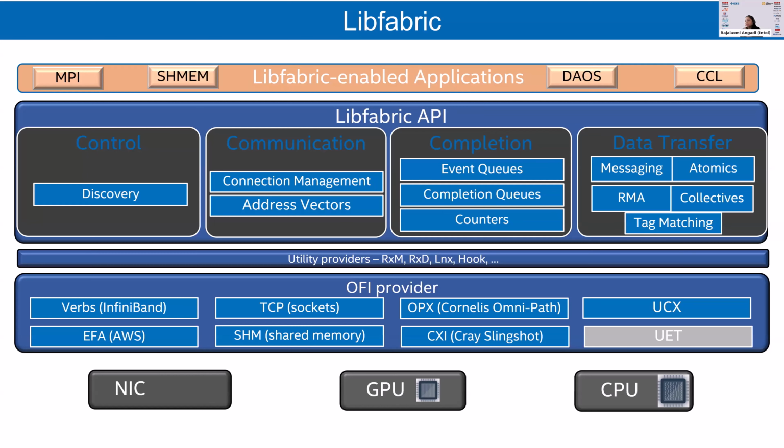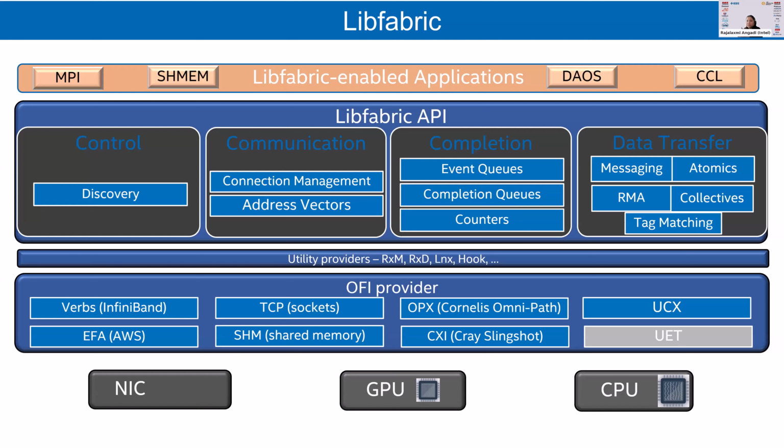Next, we see in the center that there are utility providers. These are specialized providers that offer additional functionality and services that are beyond the standard communication capabilities. So these providers are designed to enhance the overall performance and the usability of the Libfabric framework itself.